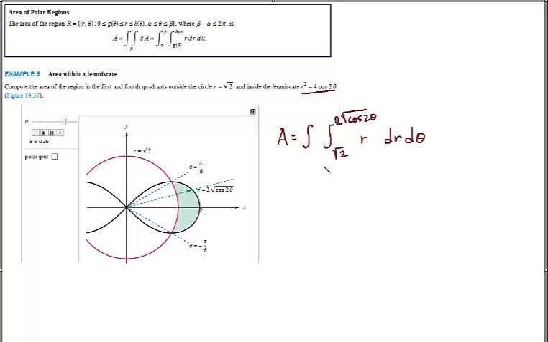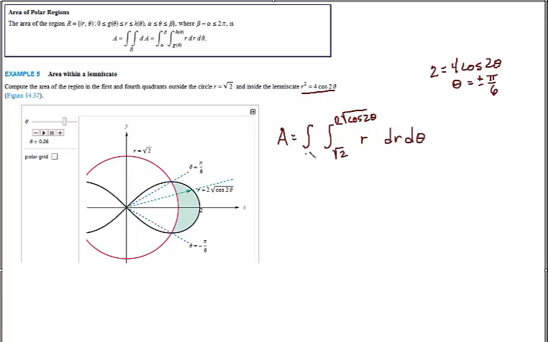Then I'm going to look at what my theta ranges from, and that would just be the intersection points of these two curves. If you calculate that using 2 equals 4 cosine 2 theta, you're going to end up with theta equal to positive and negative pi over 6.